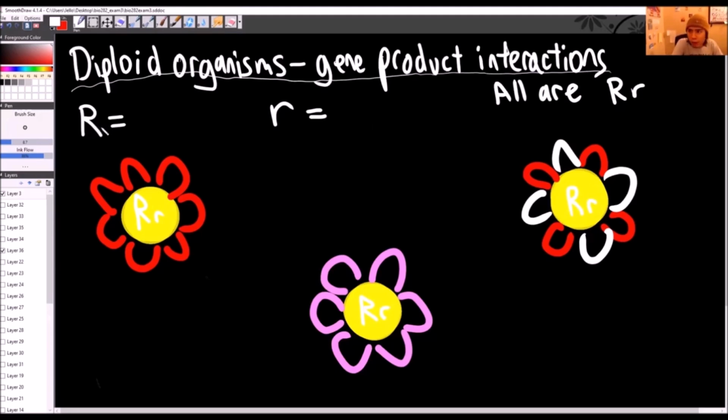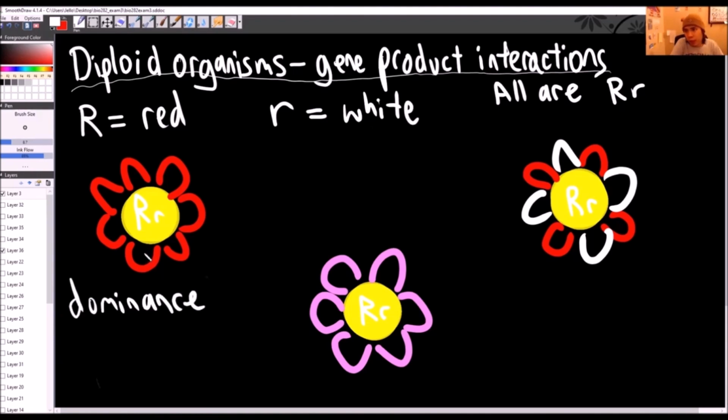The big R allele is said to code for red, and the little r is said to produce the phenotype of white petals. Looking at this example, even though each one is heterozygous, meaning you don't have two dominants or two recessives, this one is completely red. We don't see any hint of white in there. So this is a case of classic dominance.